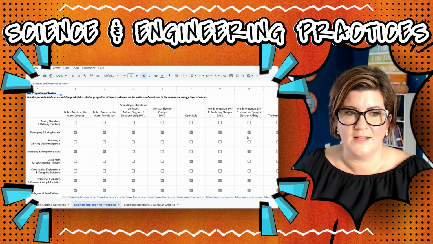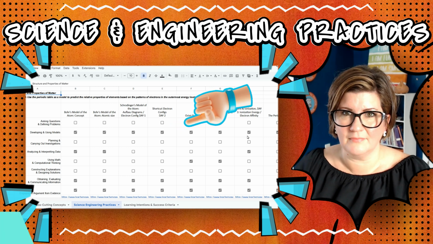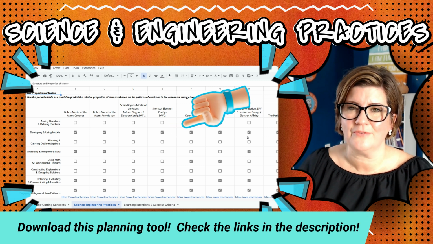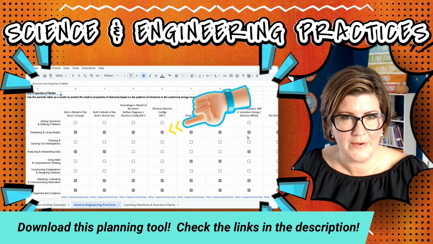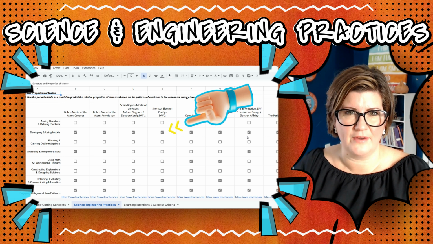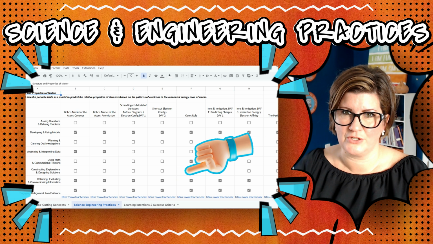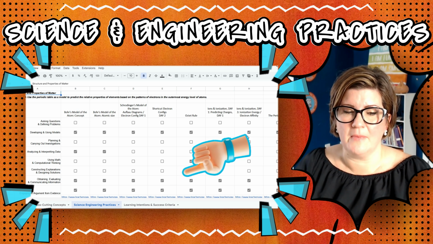So the NGSS calls out for science and engineering practices here, developing and using models naturally. But also, I think what I want you to look for in the lesson we're about to review, and I will try to point out for you when it happens, is that it's built in a way for students to obtain, evaluate, and communicate information while in the process of doing this modeling work.